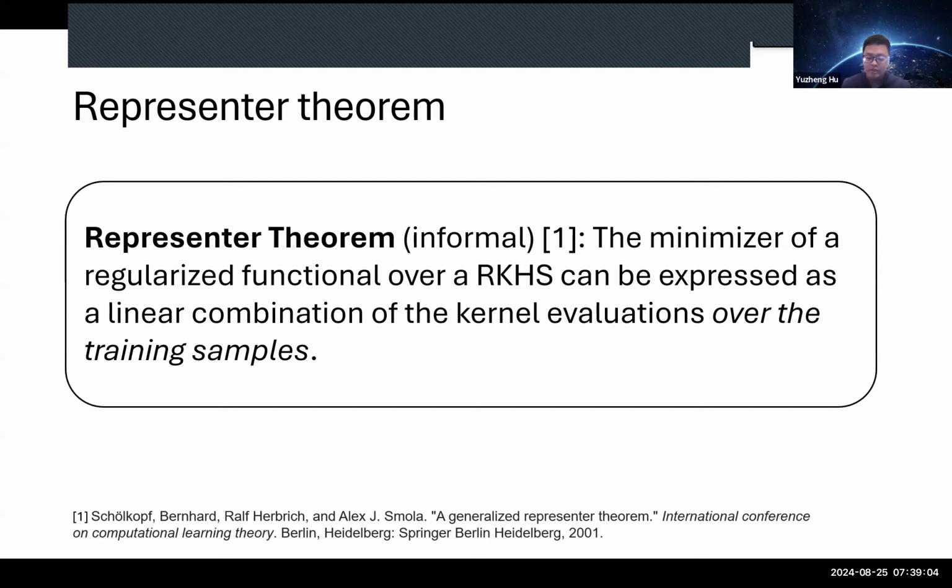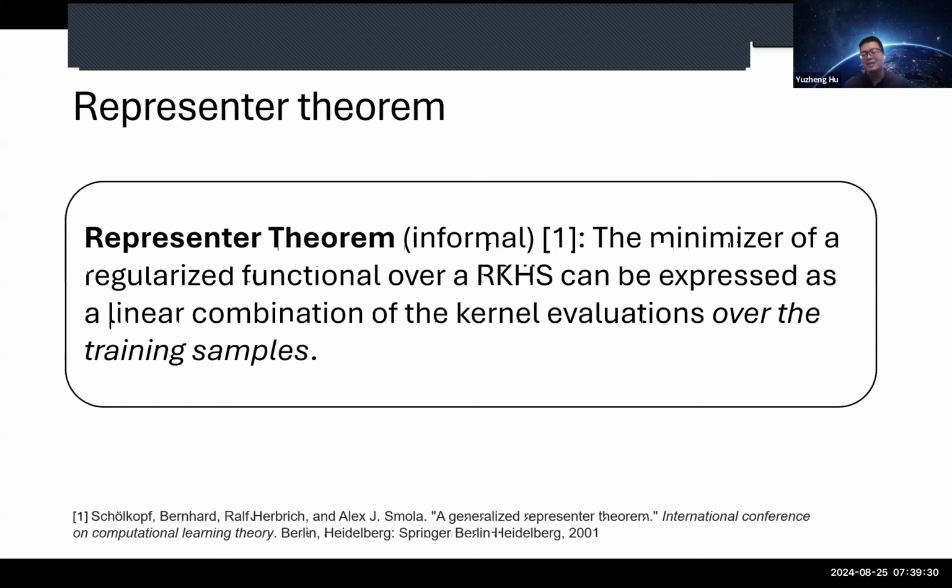And these different functions are native to each training sample, as here it says, the kernel evaluations over the training samples. By doing this, essentially we can express the final solution of this optimization problem as a linear combination of functions which are intrinsic or native to each sample. So this is how representative point selection performs data attribution.